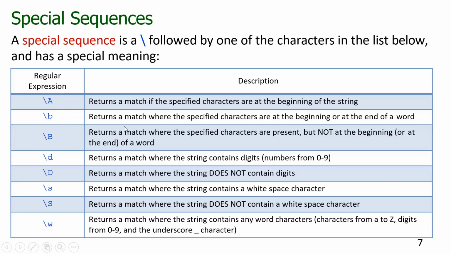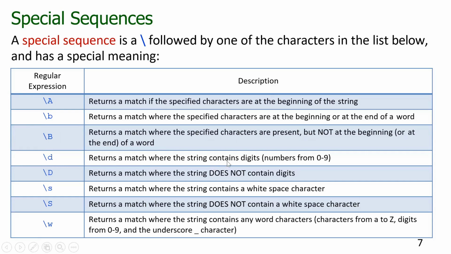\b returns a match if the pattern is at the beginning or end of the word. \B returns a match if the specified characters are present but not at the beginning or at the end of the word. \d, small d, returns a match if the string contains digits.